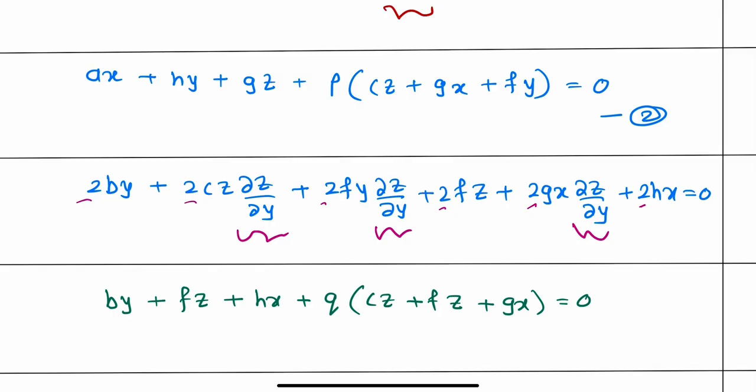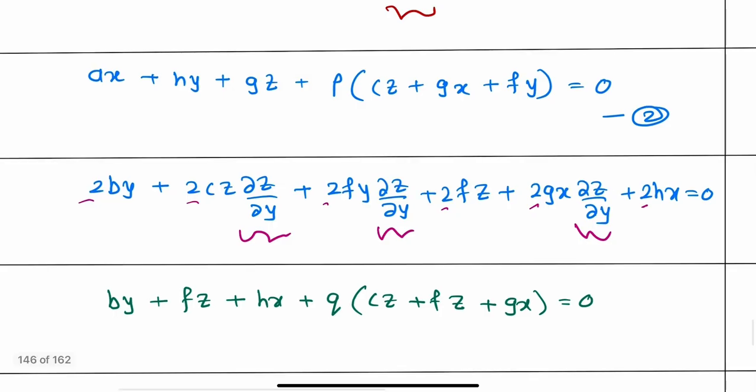Clear till here? I made a mistake earlier; we had a y here, so it is fy. Let us say this is our equation 3.